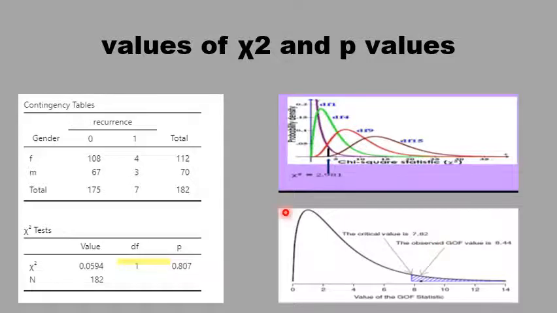If the calculated chi-square for any test with 1 degree of freedom is less than this, then it is deemed not significant, as is the case here. It's quite a small difference between the actual and the expected numbers if there is no difference in recurrences related to gender. That's why the p-value was quite high. This is about 8%, and it was deemed not significant.